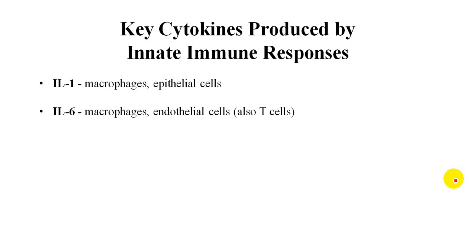Interleukin 6 is also produced by macrophages and endothelial cells, also a few of the T cells. Endothelial cells are the epithelial cells of the blood vessels, the endothelial lining of the blood vessel. Interleukin 12 is produced by macrophages and dendritic cells.